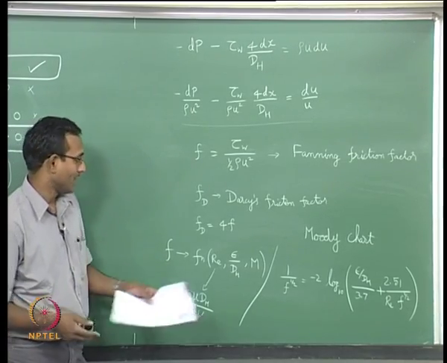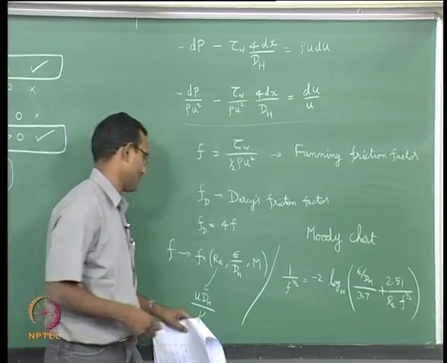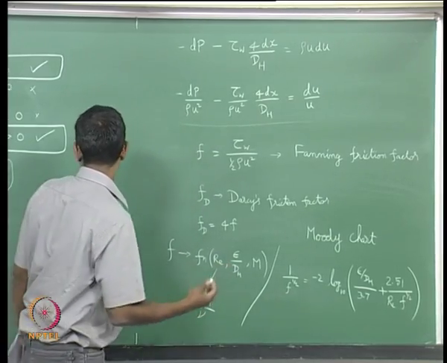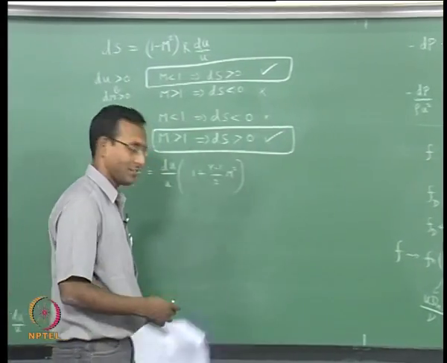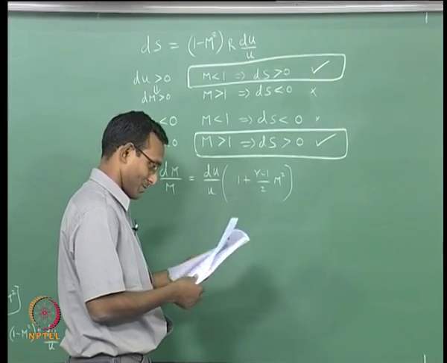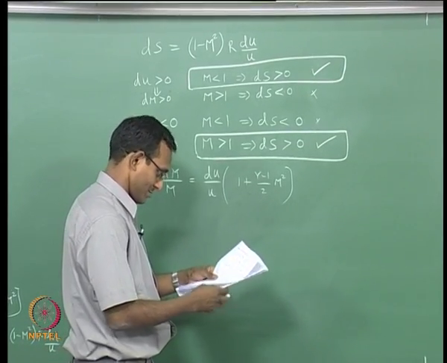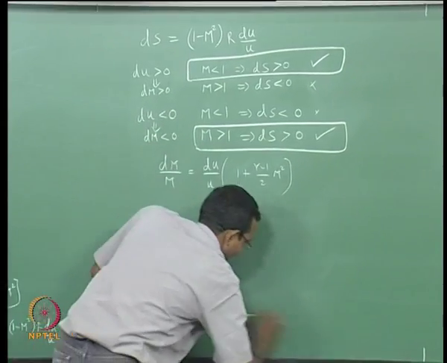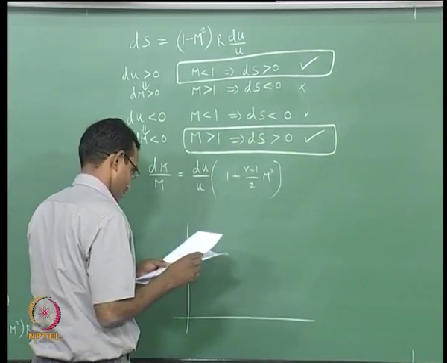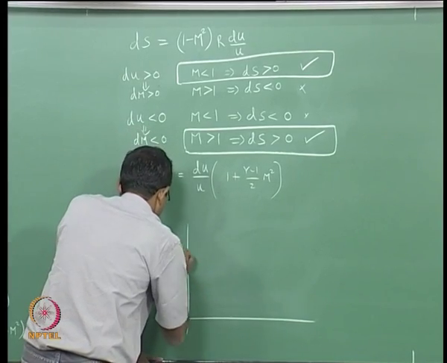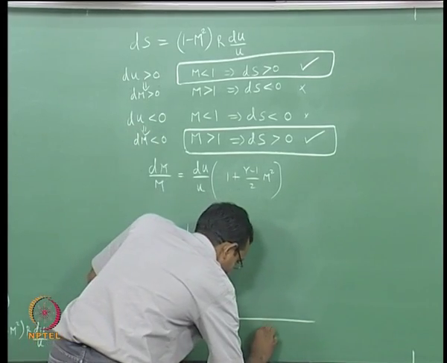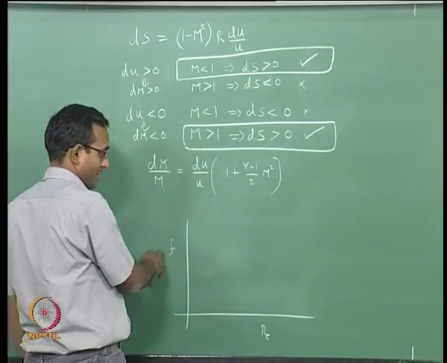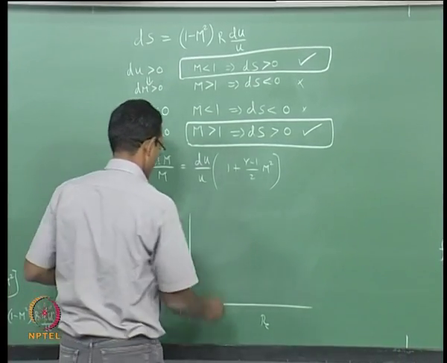Now if I look at the plot of this, you would have seen the Moody chart anyway, I will just draw the plot here, we have only 1 or 2 minutes. You can go find the chart, it is actually a log plot, friction factor f versus Reynolds number.